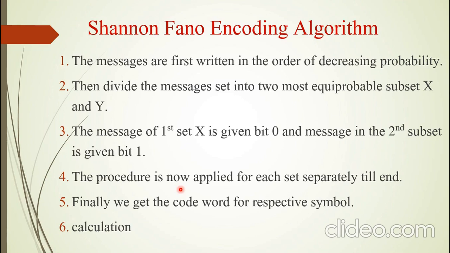So basically, Shannon-Fano encoding is used to convert the message into some codes. I have some digital data and have to transmit it, so the digital message is first converted into codes. The messages which have higher probability carry less information, and the messages with lesser probability carry higher information.